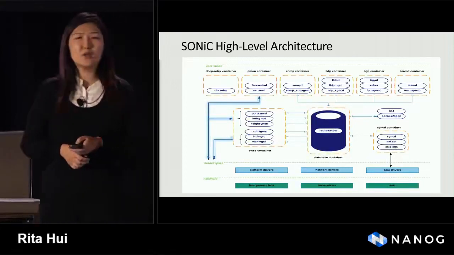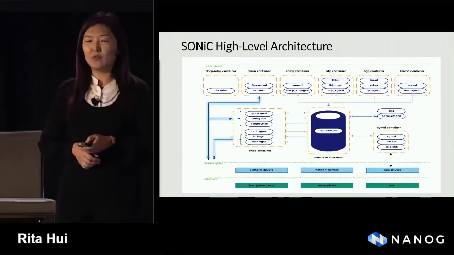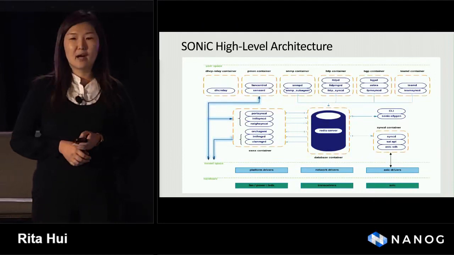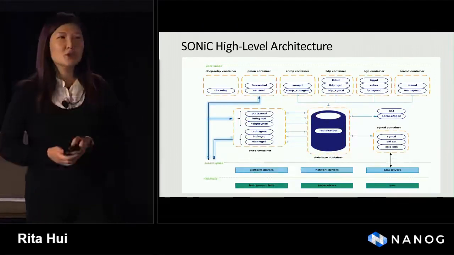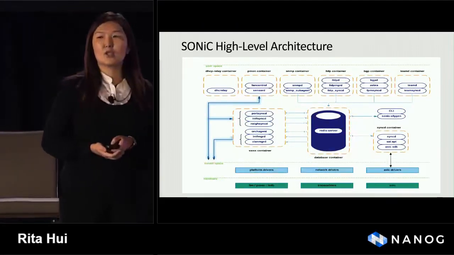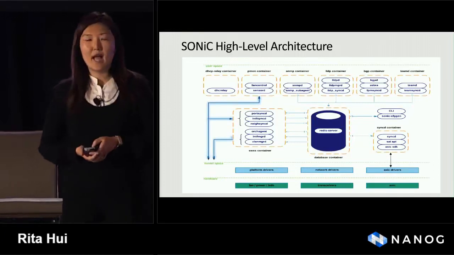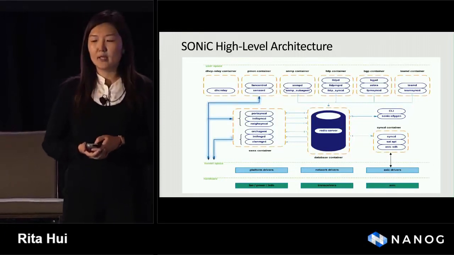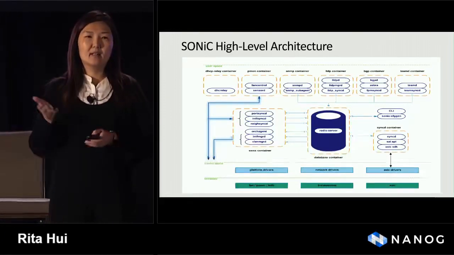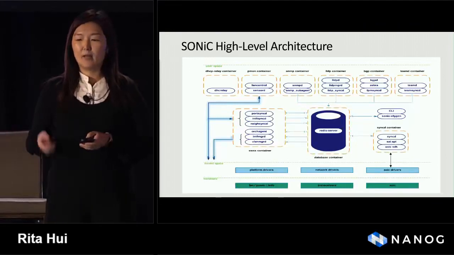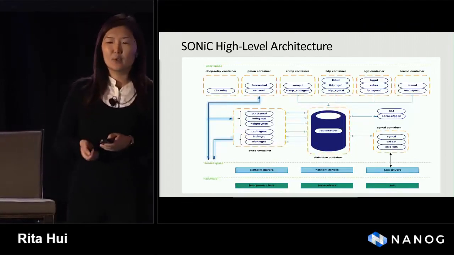I'll also give a quick overview of the SONiC software high-level architecture. A hardware switch, if we simplify it, has several main hardware components, namely the fan, power, LED, transceivers, and of course the switching ASIC.